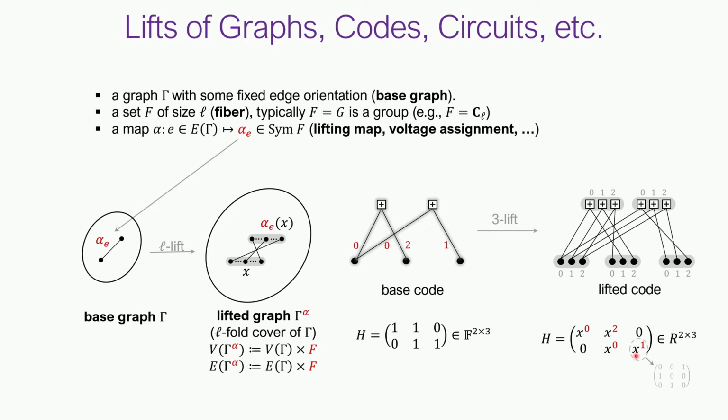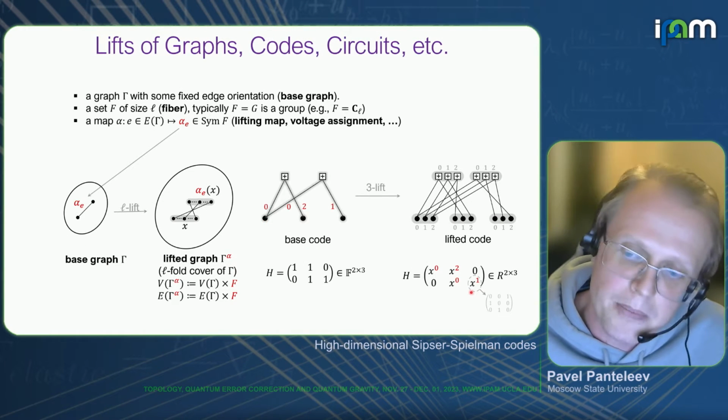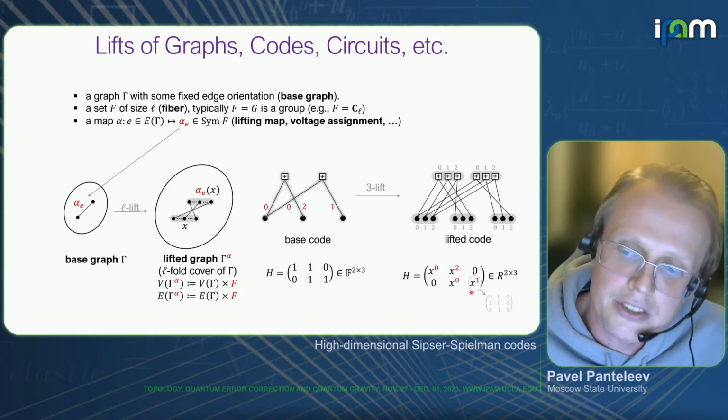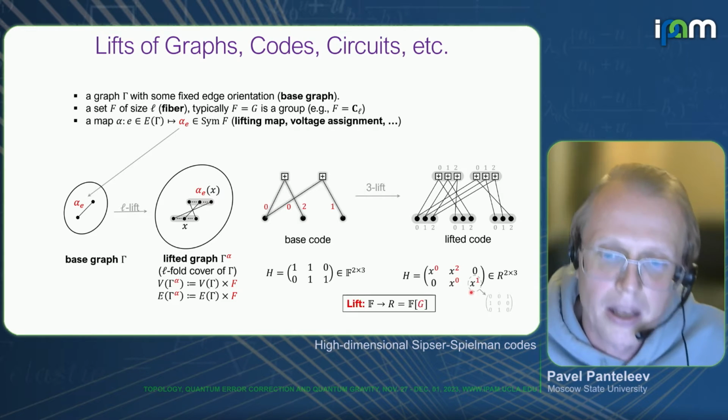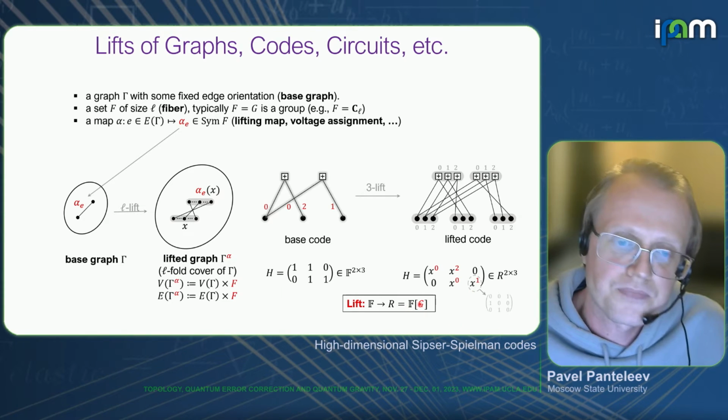It means that each element of this matrix is just a block, some permutation matrix. Of course, the set of such matrices, we can add them and multiply them, and they constitute a ring. And this ring is usually called the group ring. Okay.